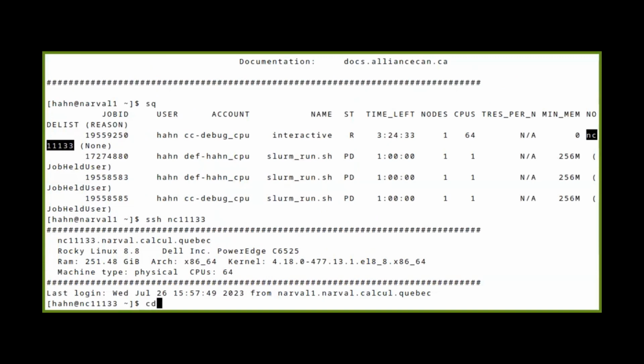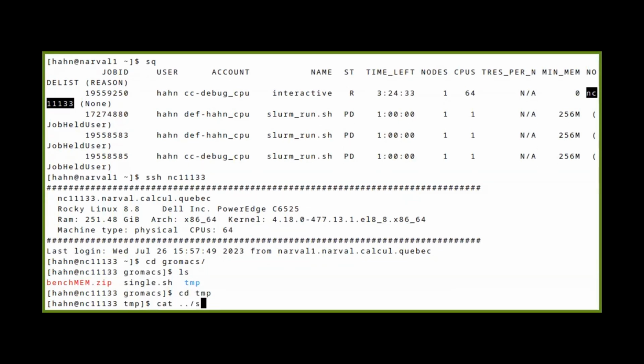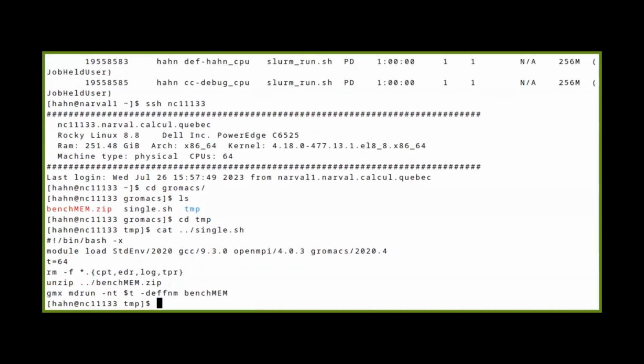So I've got a little GROMACS benchmark. It's currently set up. It's just GROMACS 2020.4. It's going to run 64 threads. It's the bench mem benchmark, which is sort of standard. It comes from the GROMACS website, I think. And I'm just going to run that.